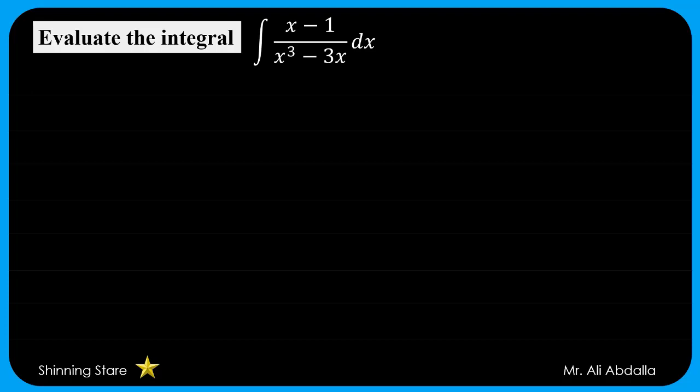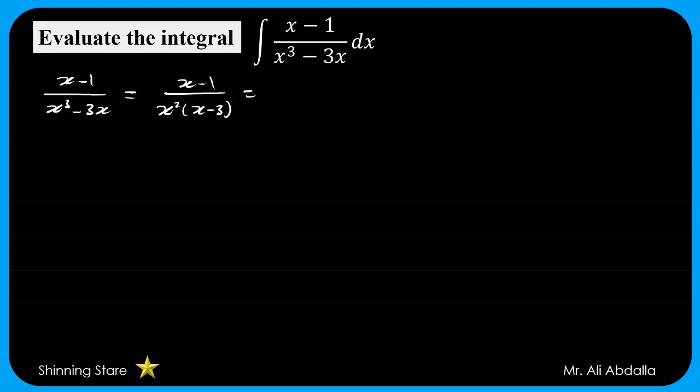Evaluate the integral of x minus 1 over x to the power 3 minus 3x dx. First, we need to find the partial fraction of this function. x minus 1 over x to the power 3 minus 3x equals x minus 1 over, we can factorize this expression, x to the power 2 times x minus 3.